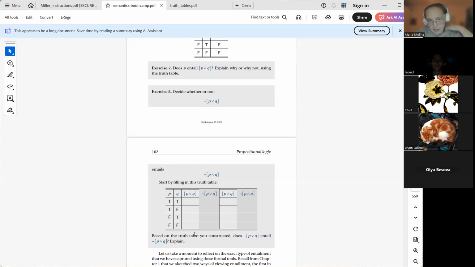Anyone wants to discuss it? If both P and Q are false, then what do we do?